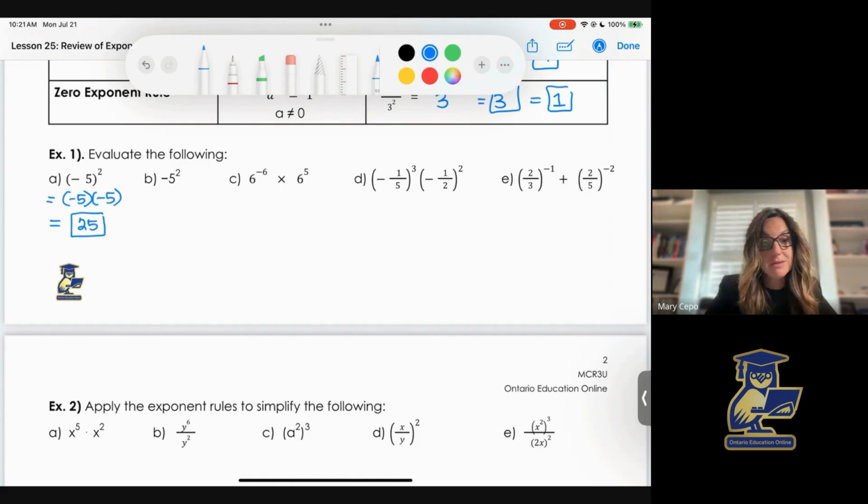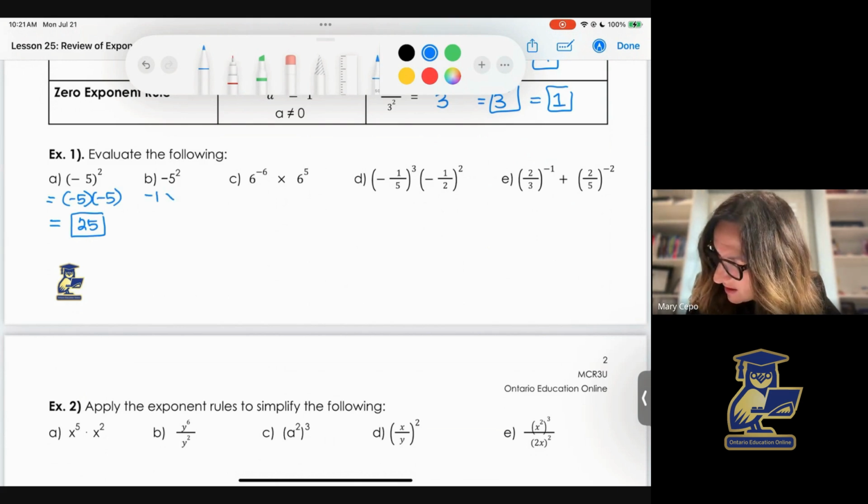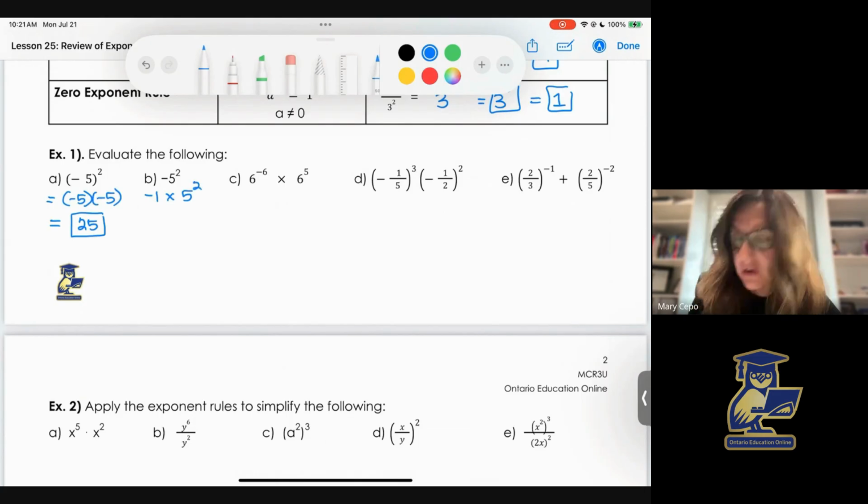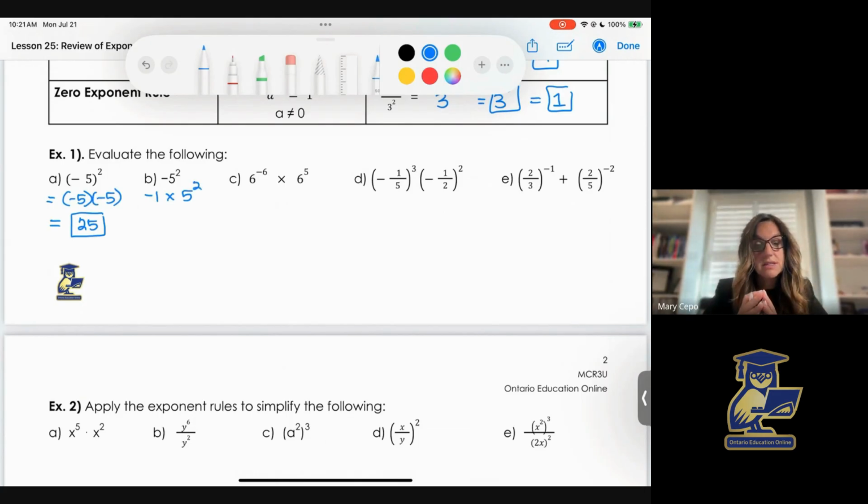Now B, notice the base is actually negative 1 times 5 to the power of 2. Because the negative, as in example 1a, was not in brackets, the base in A is negative 5. However, the base in B is not. It's negative 1 times 5 to the exponent of 2. So I'm going to show it expanded.